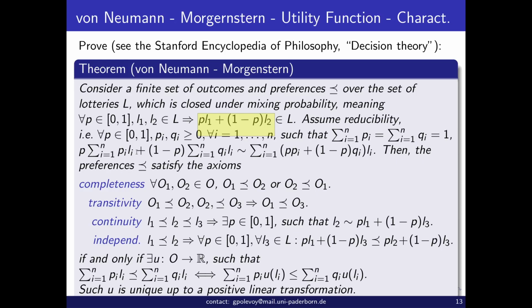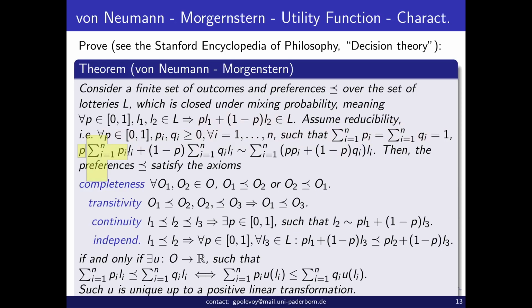Now we assume that we can reduce those lotteries in the following sense. For any P, and for any sets of probabilities Pi, the total sum of which is 1, and Qi, the total sum of which is also 1: if you look at that combination of Li's with Pi, you know that it's a lottery, right? Because all the combinations of lotteries are lotteries.